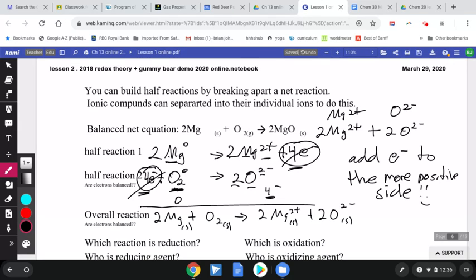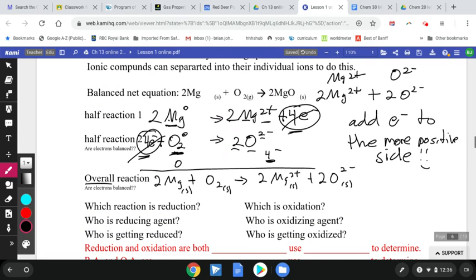So those electrons are being transferred, but we don't need to show it in the overall reaction because it's 4 gained, 4 lost. So they balance out. Now that we've done this, and by the way, if you wanted, you could combine these. That's up to you. 2MgO solid, or leave them as the separate ions. Both are correct. So now we can answer all these questions.